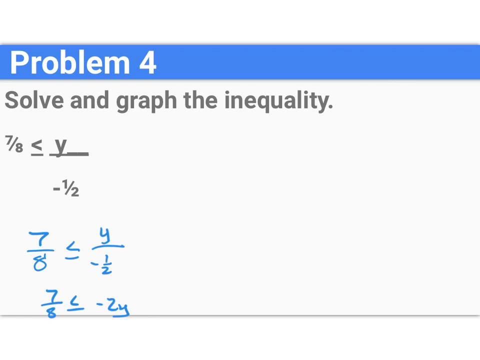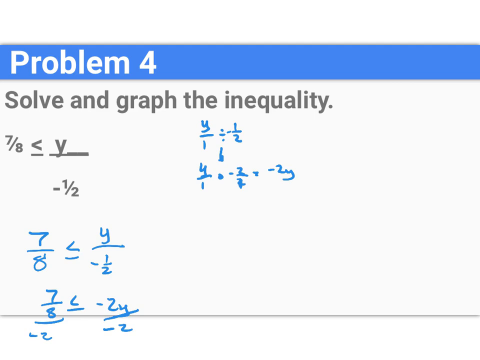So when you have something over y, you change the division to multiply, and then you flip the fraction. So that becomes negative 2y. And that's why that's that way. So then we get to divide by negative 2 on both sides.